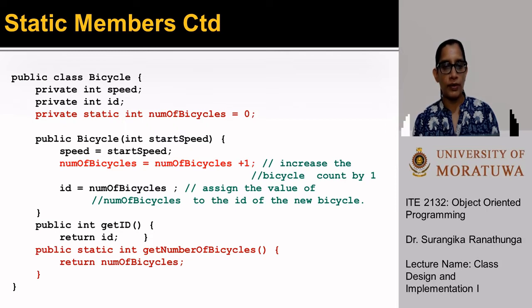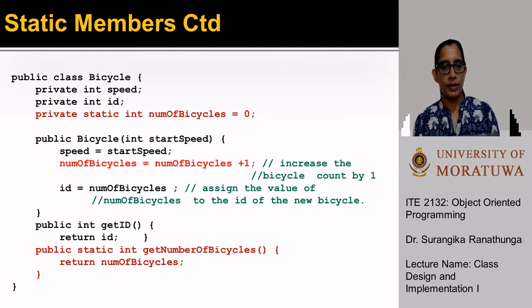If we have created one bicycle, our bicycle count should be 1, and that is what bicycle object 1 has. Suppose we create another bicycle, the bicycle 2 object, then our number of bicycles will be 2, and bicycle 1 and bicycle 2 should both have the same number. We cannot have one value in bicycle 1 and another value in bicycle 2 when the bicycle count is 2. Both should have the value 2.